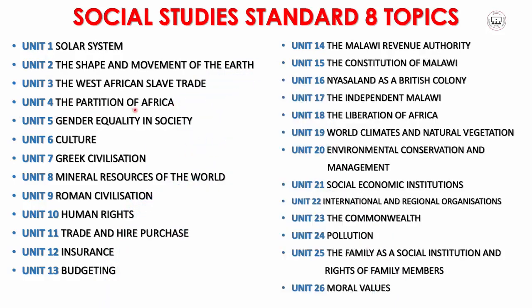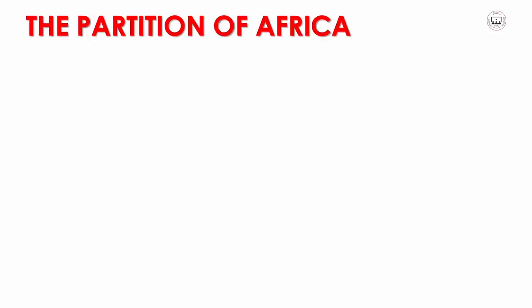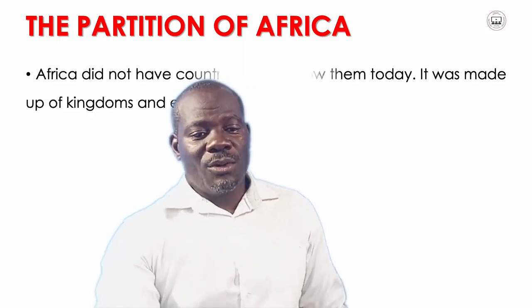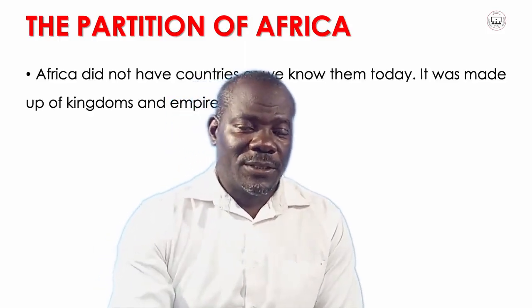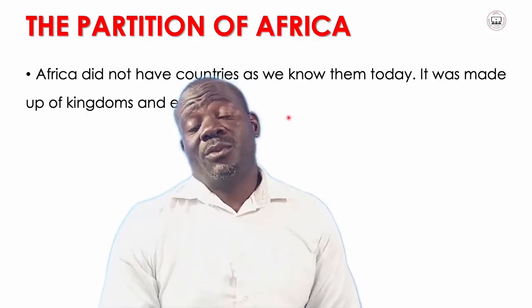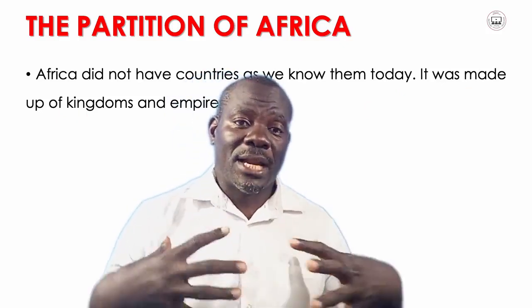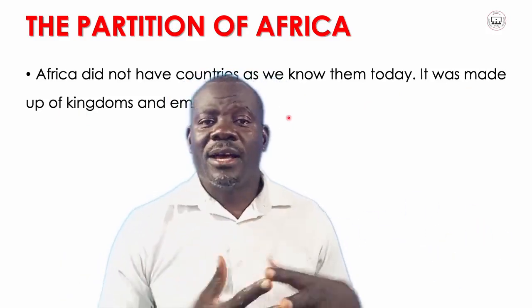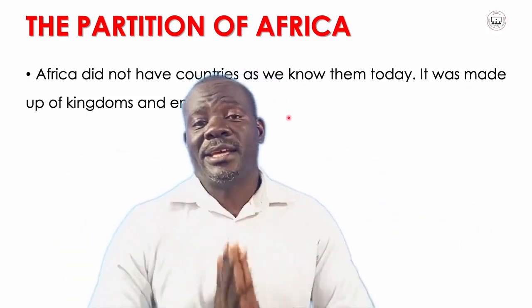This is Partition of Africa. Now, on Partition of Africa, we have to know that Africa did not have countries as we know them today. It was made up of kingdoms and empires. Today we have countries: Tanzania, Malawi, Zambia, Zimbabwe, and all the countries that are there in Africa.